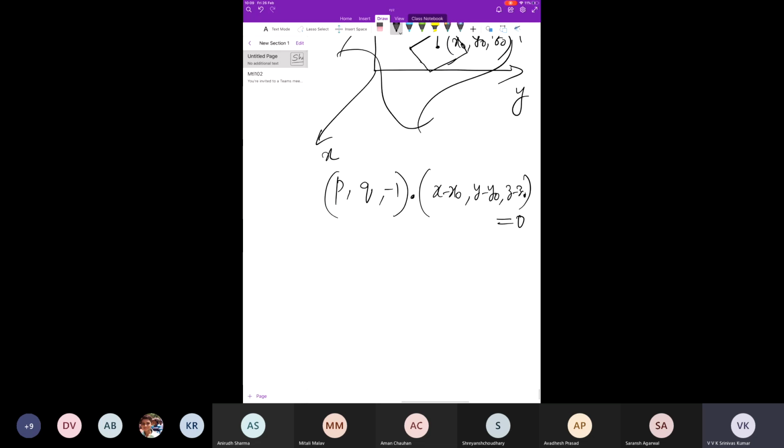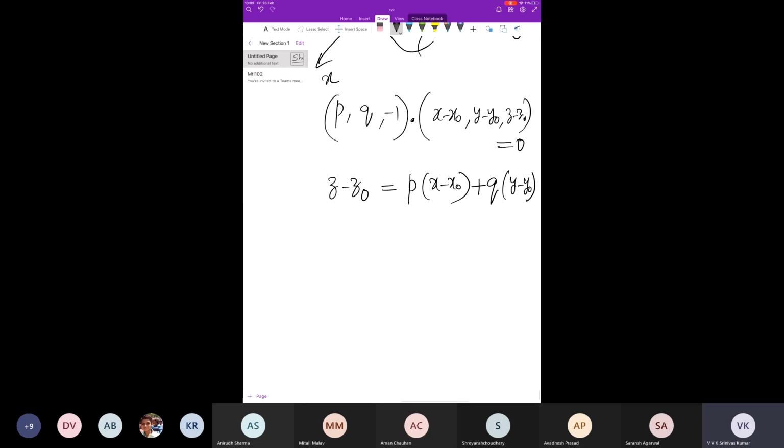Or you can write z minus z naught on one side as p times x minus x naught plus q times y minus y naught. This is the equation. Because q depends on p, this is only one parameter.